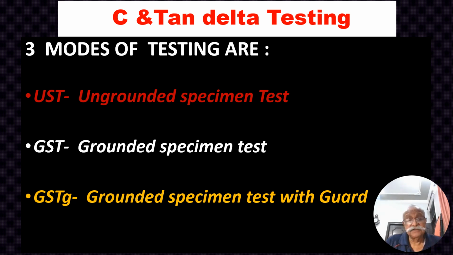But one thing is very sure, that if this year you do the UST test, that is ungrounded mode, the next year you have to conduct ungrounded mode only. You cannot do UST, GST every time. The mode of test cannot be changed. Otherwise, it gives erratic values, and those erratic values create confusion in diagnostics.